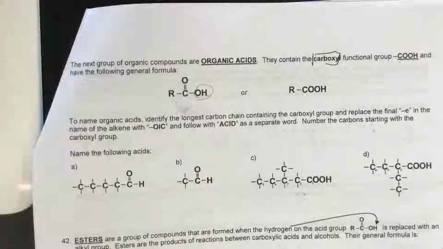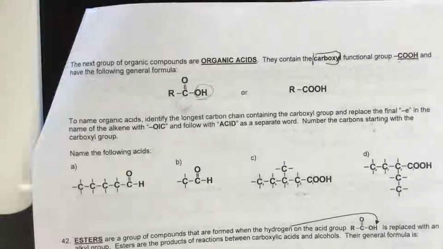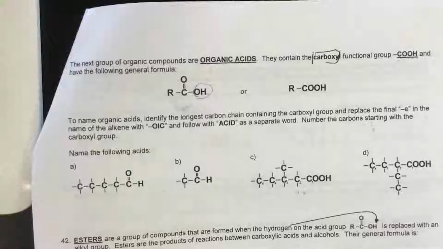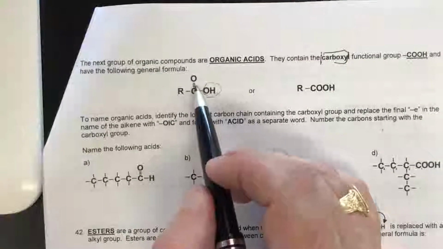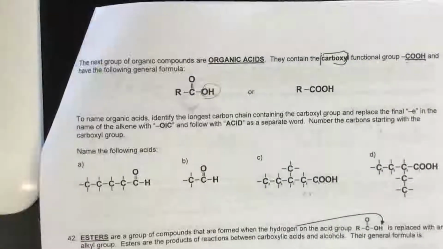Remember that oxygen has 8 electrons in total, right? Its first energy level will have 2. So that means its second energy level, its valence electron shell, will have 6 electrons. So for it to complete its octet, it needs to borrow or share 2 electrons. That's why it forms 2 bonds, to share 2 electrons with carbon.